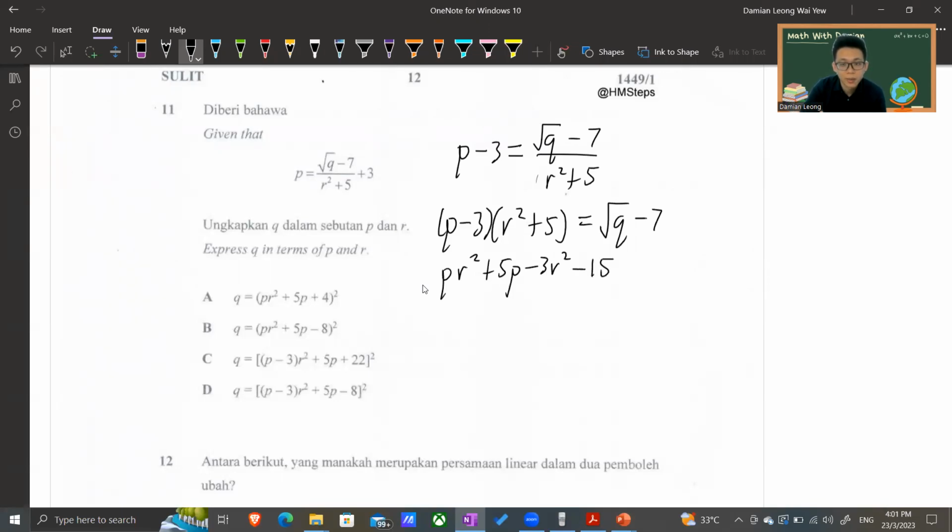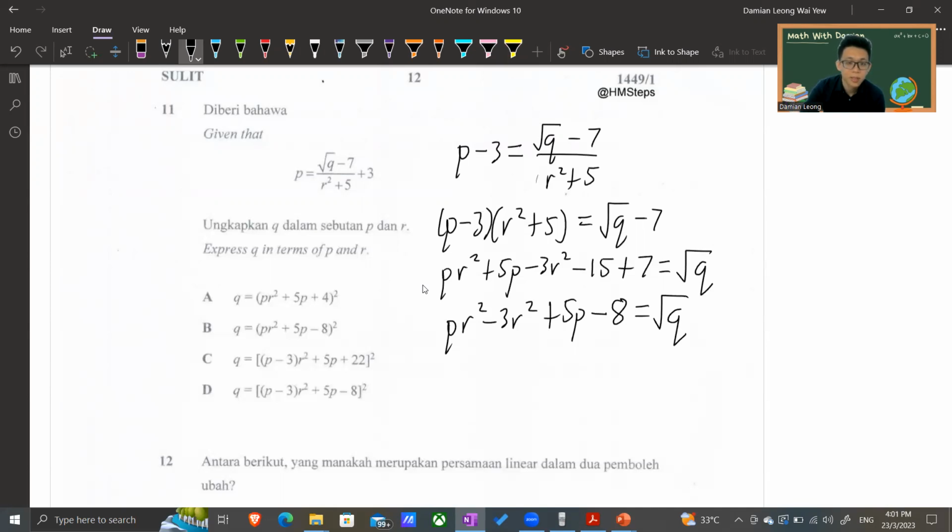Bring over the minus 7, opposite plus 7, equals square root of Q. Now, you see this? PR squared and minus 3r squared, let's put them together. Plus 5P. Minus 15 plus 7 is negative 8. So minus 8 equals square root of Q.